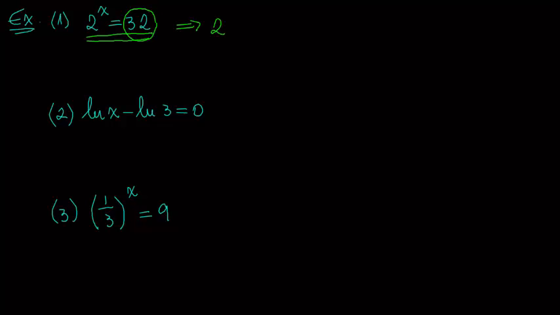Well, the left-hand side stays as 2 to the x, and 32 happens to be 2 raised to what power? Well, 2 squared is 4, 2 cubed is 8, times 2 is 16, so that gives me 2 to the 4th. 2 to the 5th is 32, so 32 happens to be 2 to the 5th.